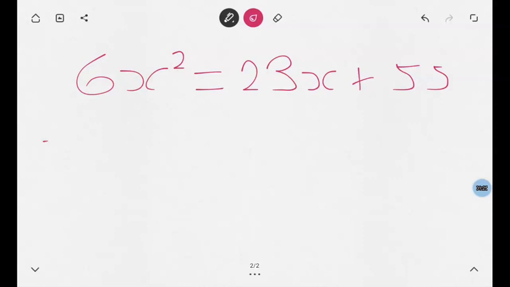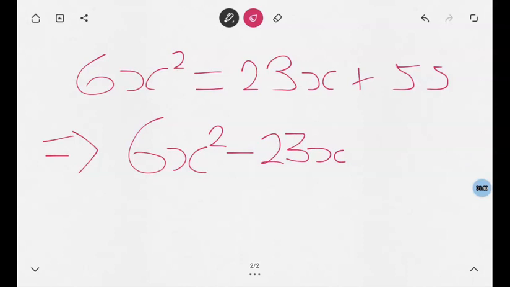In using the method of completing the square, the first thing you need to do is rewrite your equation as this. That is, taking everything to the left hand side and equating it to 0.